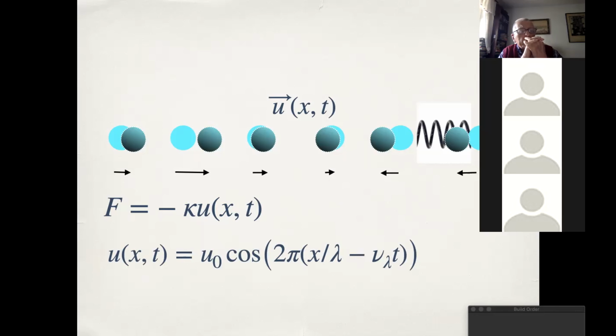There are two coefficients in the brackets, one is the wavelength, denoted as lambda, and the other is a velocity, V sub lambda. The first coefficient tells us the spatial extent of the lattice deformation described by the displacement, and the coefficient V sub lambda tells us the velocity with which this excitation moves along the crystalline lattice.